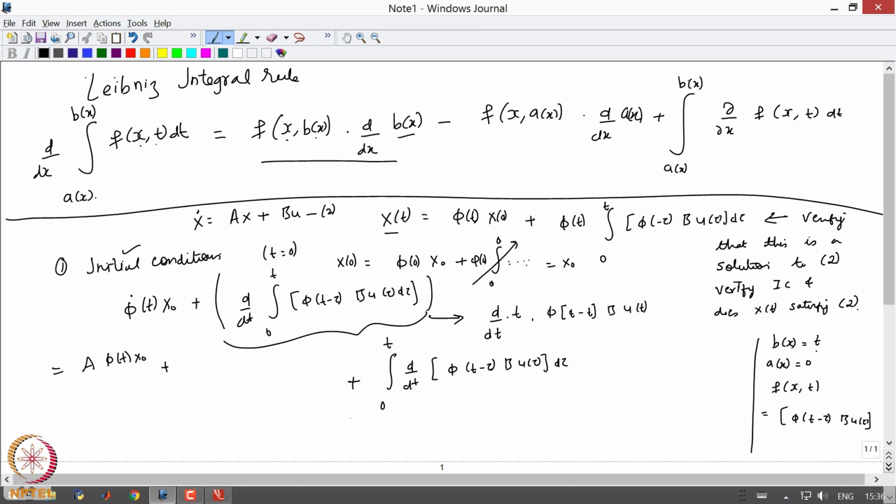So, this is equal to just this term inside the integral. So what is the first term here? dt by dt is 1, phi of t minus t is the identity. So, I am just left with b u of t. So, this term here is the simplification of the first term. Second term is 0, and I am looking now at the third term.